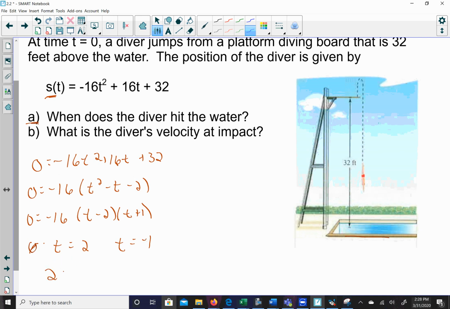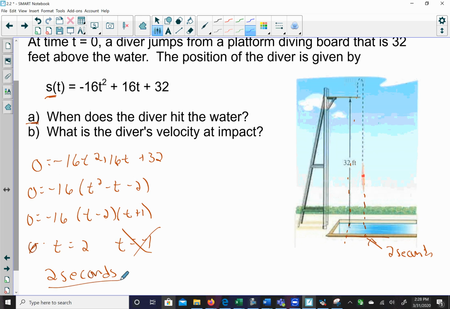So in 2 seconds, he's going to hit the ground, which would be this point here. He's coming down here. And then negative 1 means that if I were to continue this parabola, that would be negative time over here. So we're disregarding that one. So in 2 seconds, he's going to hit the ground.